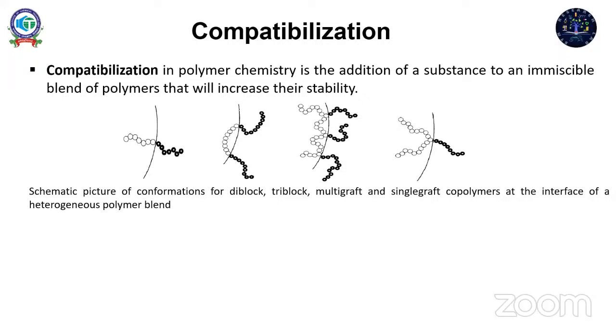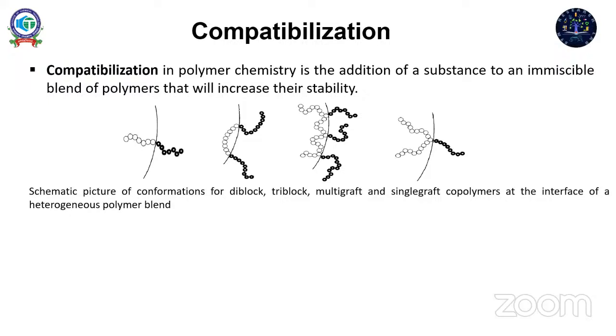Miscibility is the homogeneity which is achieved at a molecular level, but compatibility means whether two different polymers are compatible with each other. If they are compatible, they can have good properties, even though they are immiscible. But if they are miscible and not compatible with each other, their properties might get affected. So this is the difference between compatibility and miscibility.